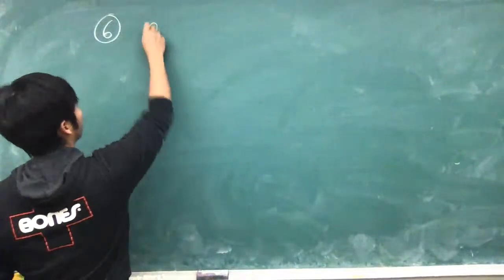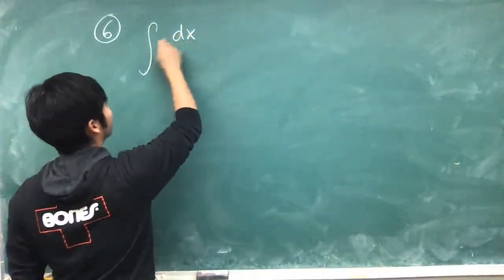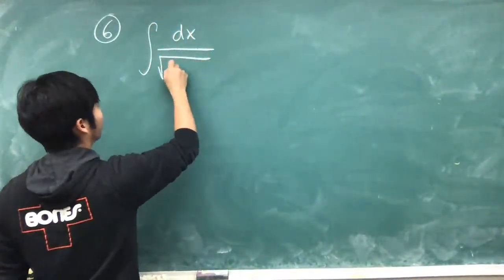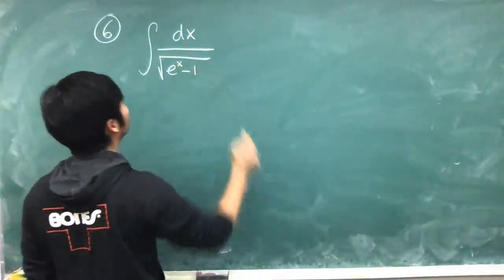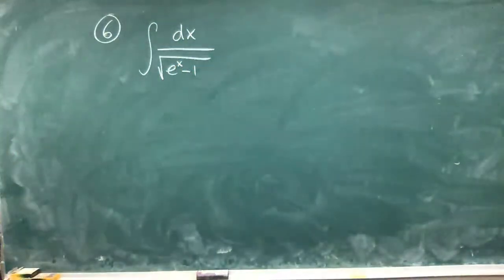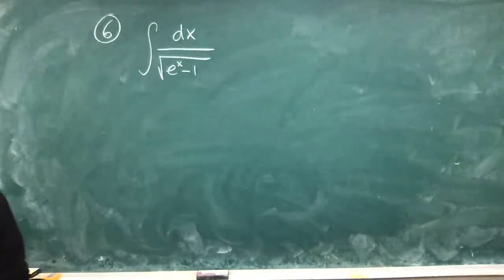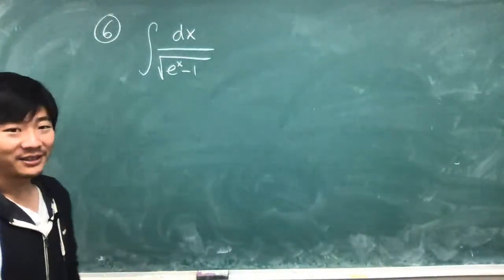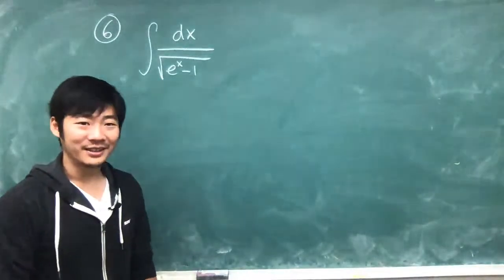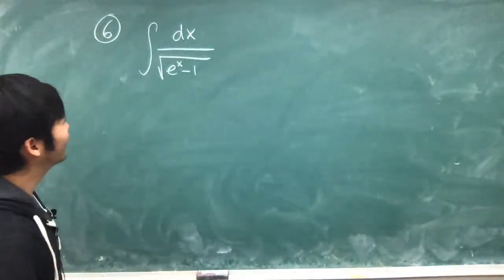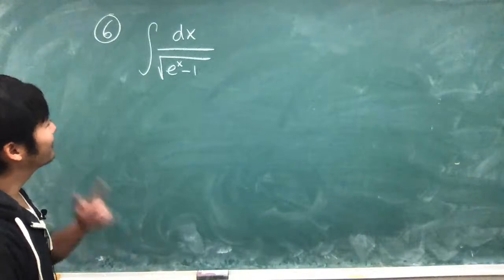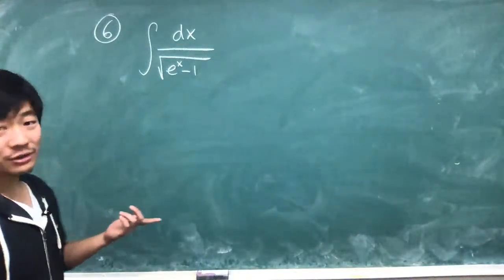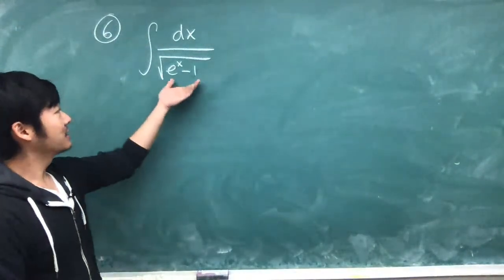So you want to integrate one over the square root of e to the x minus 1. Okay, so I actually haven't done all these. So I would first try something like this.